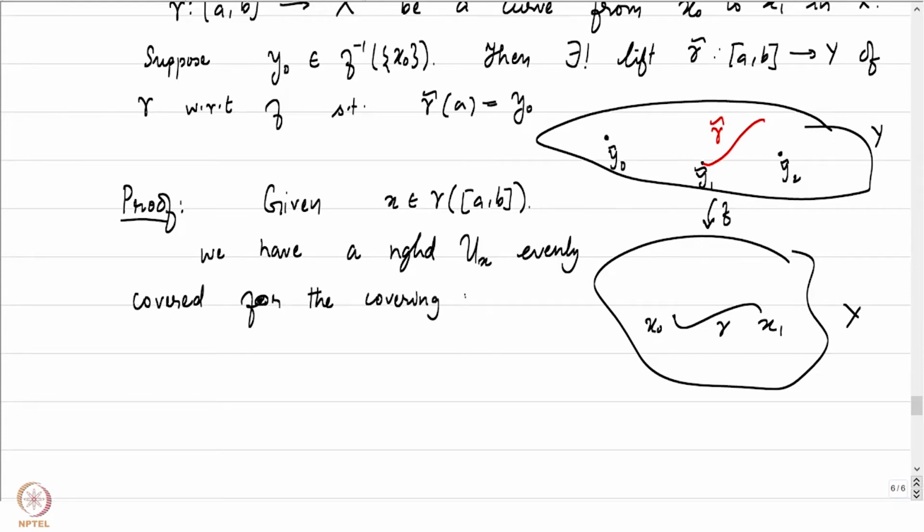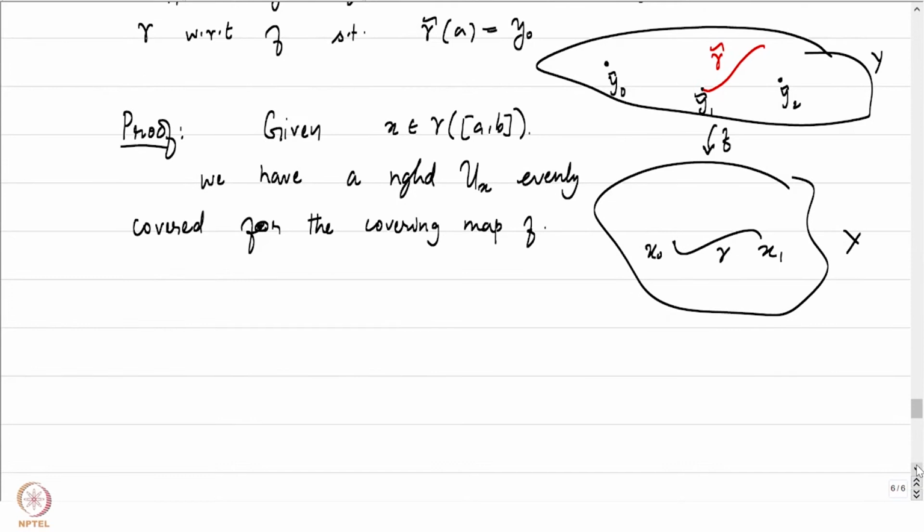What does this mean? This means that f inverse of U_x is going to be a disjoint union of open sets V alpha, such that f restricted to V alpha is a homeomorphism. That's precisely what it means for each of these to be evenly covered.